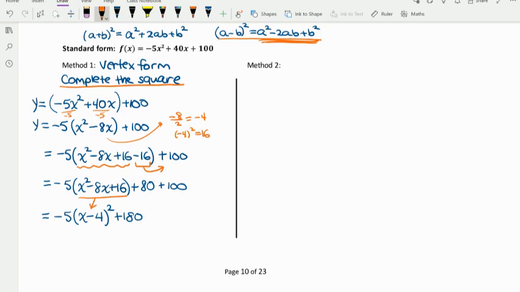Now it looks like the vertex form, and I can say my vertex is (4, 180) from these two numbers.